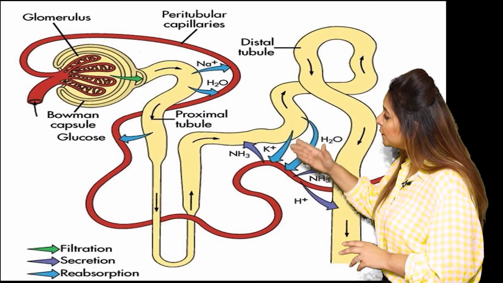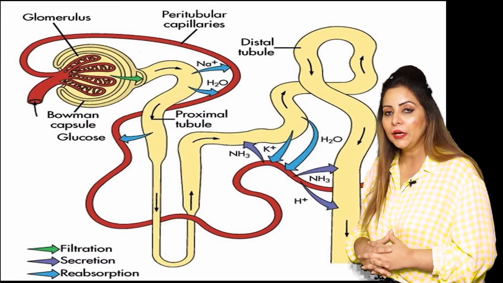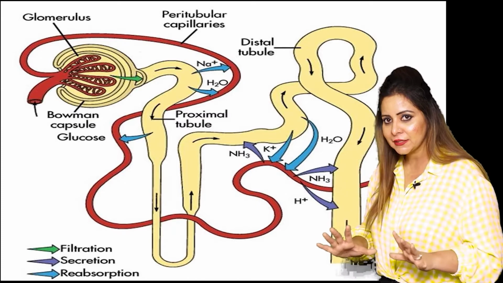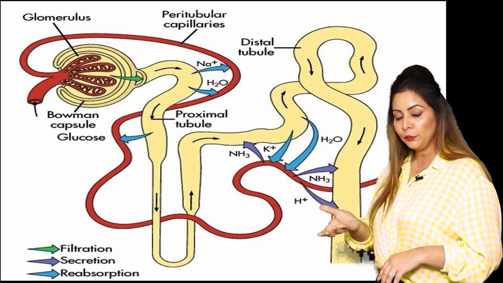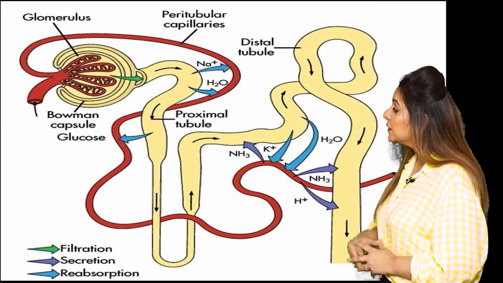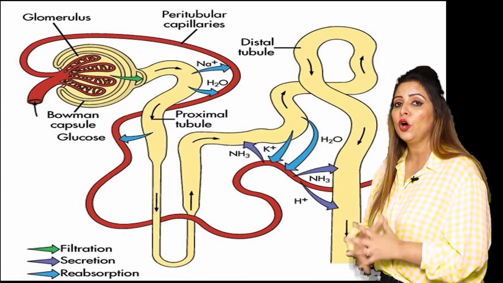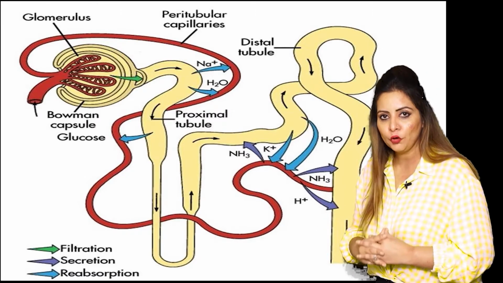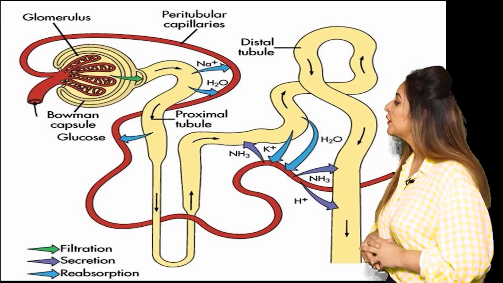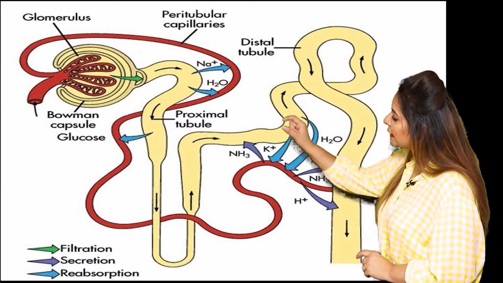And this cup-shaped structure is called Bowman's capsule. I think it's clear. Capillaries form the glomerulus. The cup-shaped structure is Bowman's capsule. And the glomerulus along with this Bowman's capsule forms the Malpighian body. Now, you can see that a tubular structure is running down.